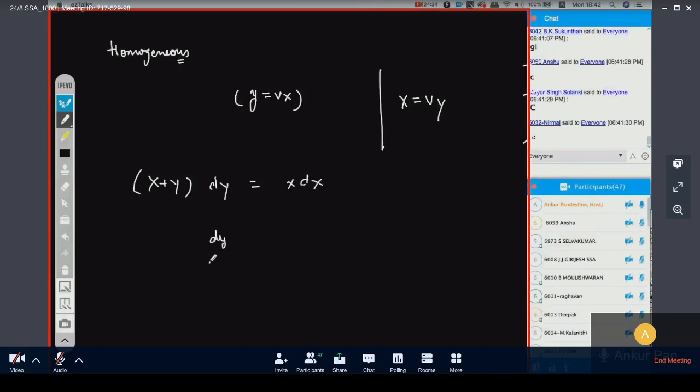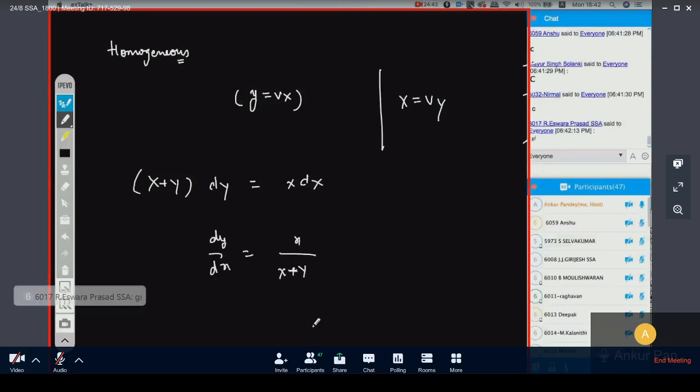So you will write dy by dx is equal to x upon (x plus y). Got it? Now can you separate x and y, x at one side, y at one side? No.